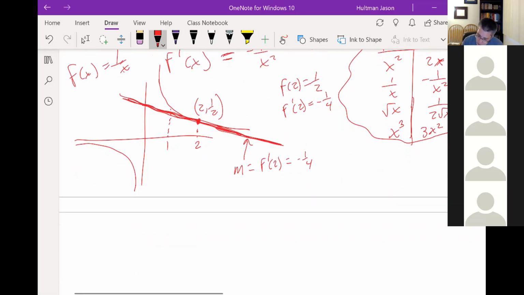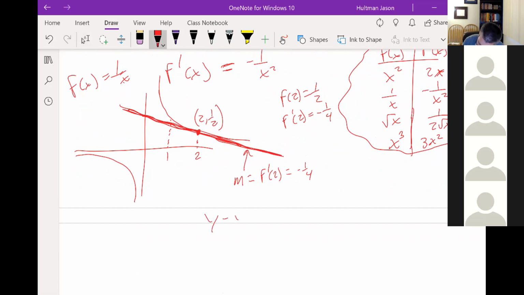Now let's use point slope form to get the equation of the line in slope intercept form. We don't really have to put it in slope intercept form, but we can. The point is 2, 1/2, and the slope is negative 1/4, which we found from the derivative.